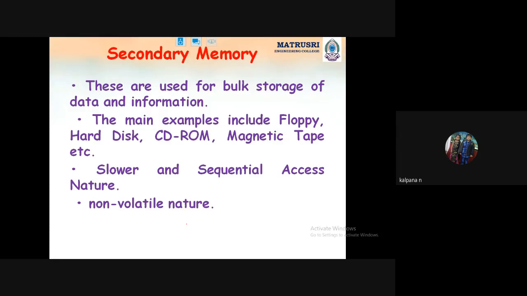Non-volatile means if you shut down suddenly or power is gone suddenly, the data once stored cannot be erased automatically, until you do it manually. Understand? So this is called secondary memory. Now we need to interface primary memory and also secondary memory.